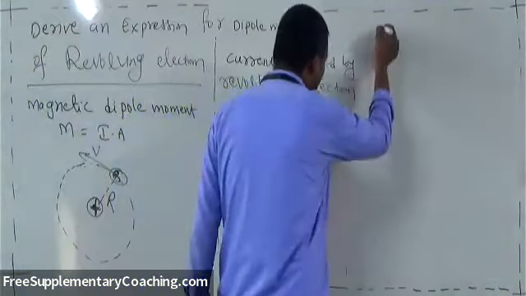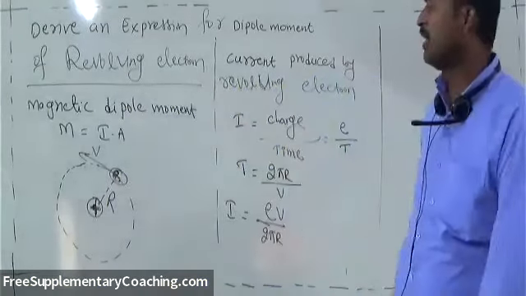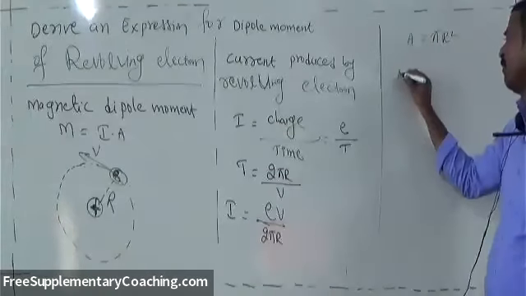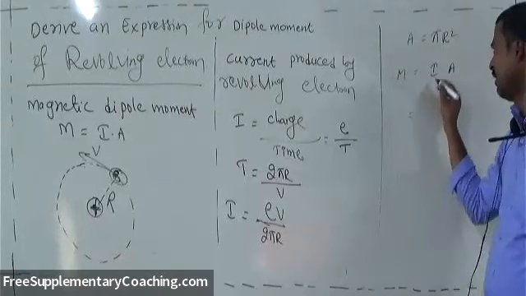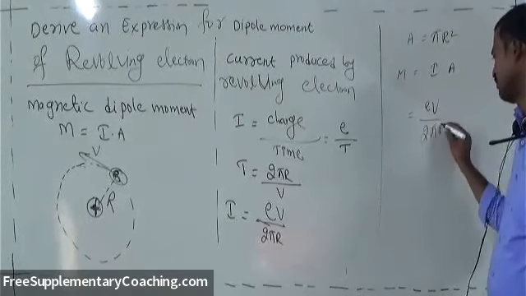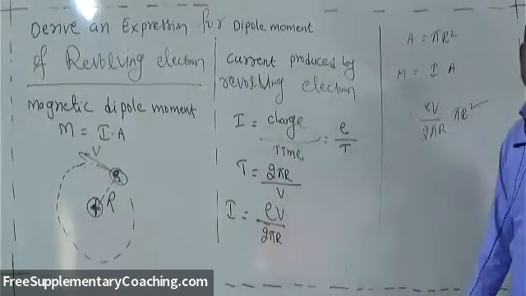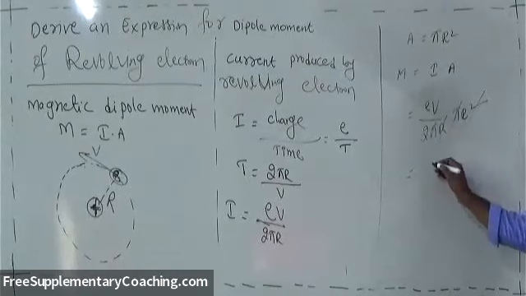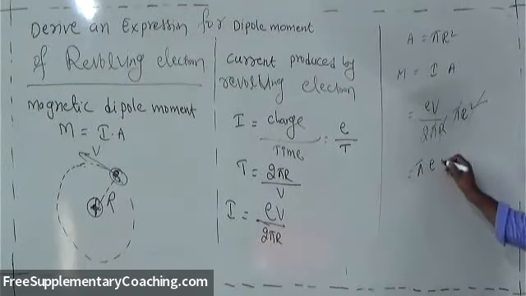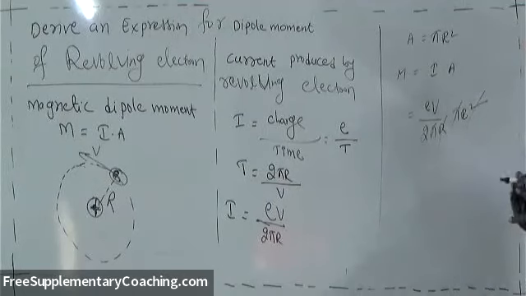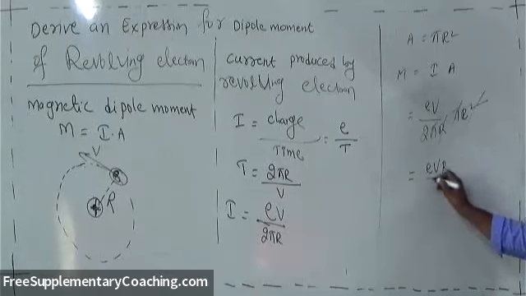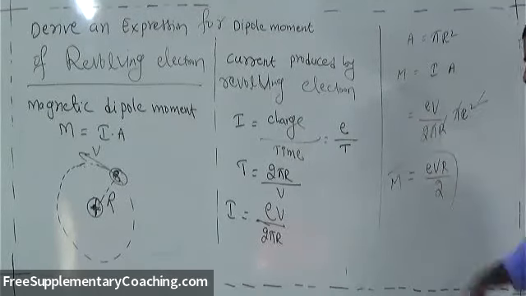सो मुझे क्या चाहिए? डाइपोल मोमेंट। डाइपोल मोमेंट की डेफिनेशन क्या है? m is equal to I into A। सो एरिया मुझे मालूम है, सर्कुलर ऑर्बिट का एरिया πr². डाइपोल मोमेंट m is equal to I into A, ev upon 2πr into πr², करेक्ट। सो यहाँ से r, π π कैंसिल हो जाएगा, जो बच रहा है, आंसर यहाँ पे r बच गया। सो m, evr by 2, yes or no?